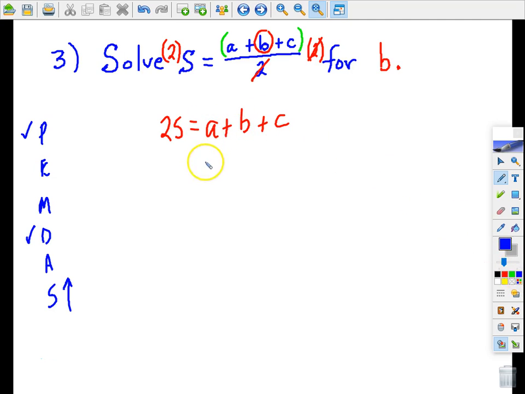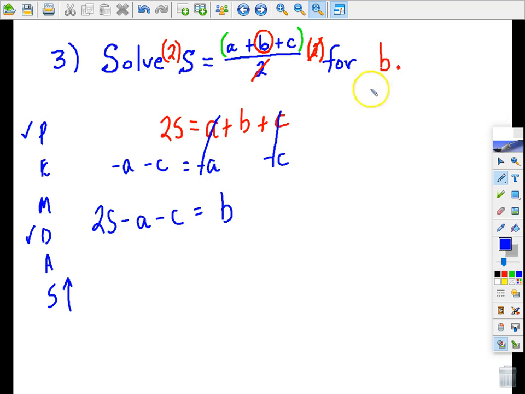The way we undo addition is with subtraction, and we'll do that on both sides. These are all unlike terms on the left side, so I'm just going to show it as 2s minus a minus c. That will be the left side. On the right side, these would cancel, or make 0, leaving us with b, which is what we were asked to solve for. So that ends up being our answer in solve for b form.